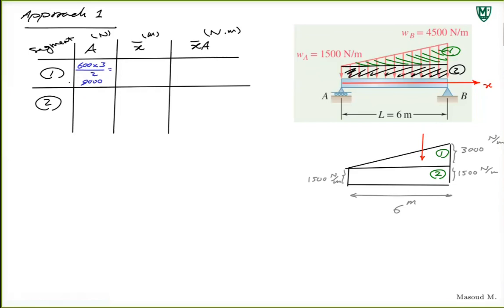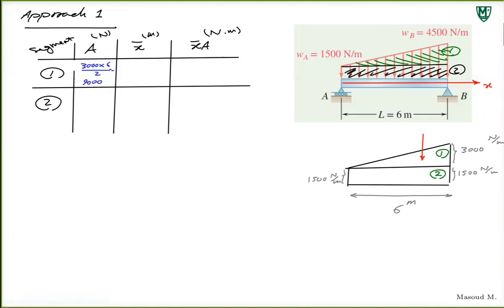Professor, you just mixed up your numbers. You have 600 times 3. Oh, yeah, it's 3,000. All right, it's 3,000 times 6 divided by 2. Now it's correct. So it becomes 3 times 3, 9,000. That's Newton. Right? It's for segment A.